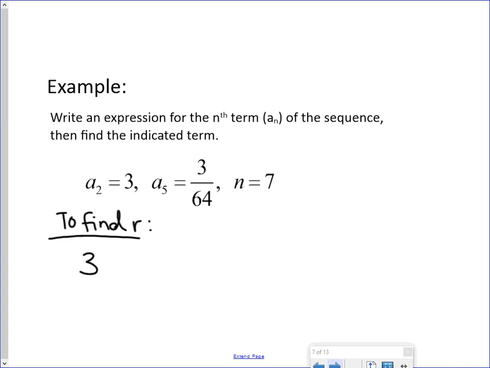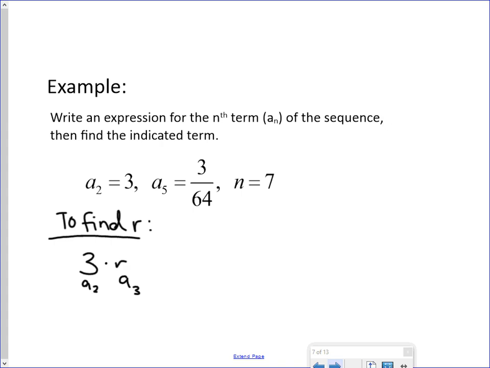Okay. Think in your head for a moment here, recursively. If you had the second term, and you wanted to get the third term, you would have to multiply the second term by r, right? Whatever that may be, the ratio. And then you would have the third term.